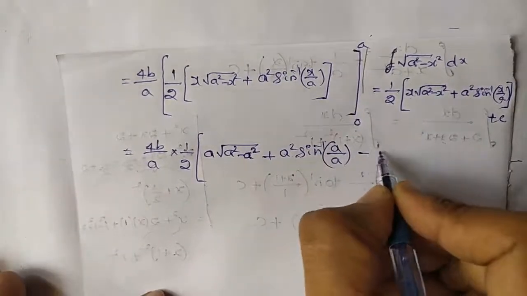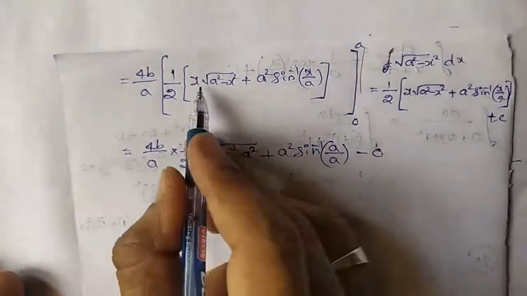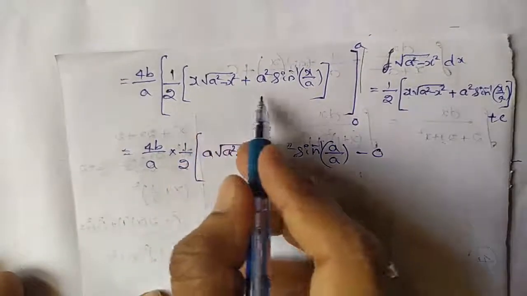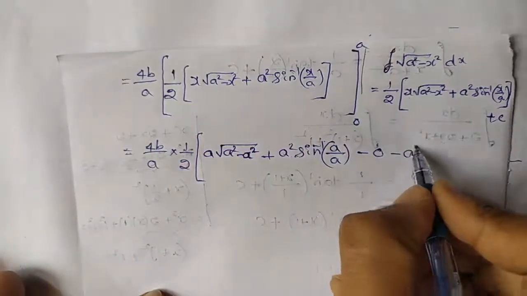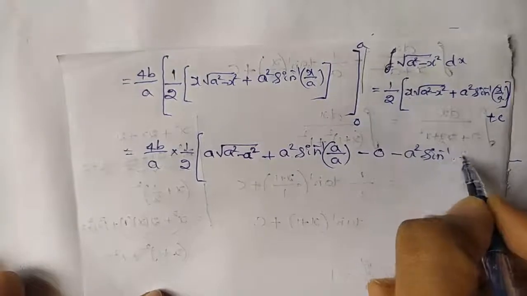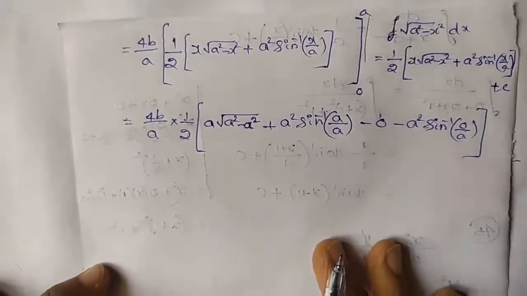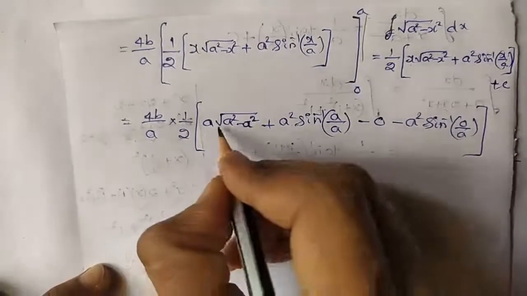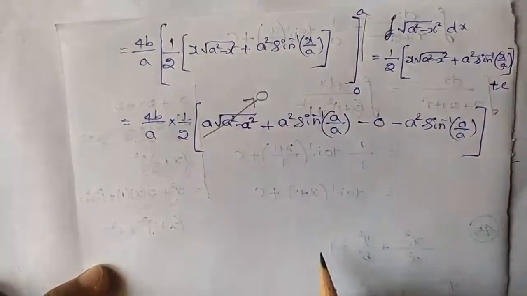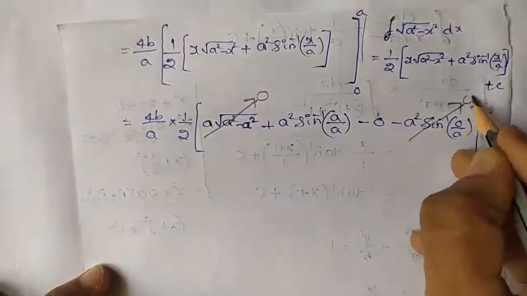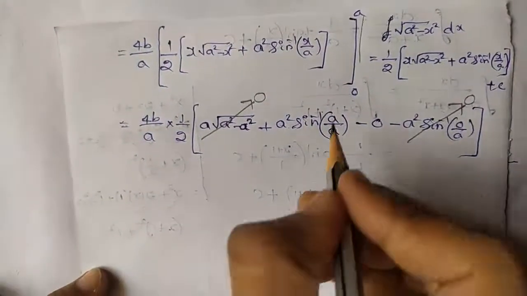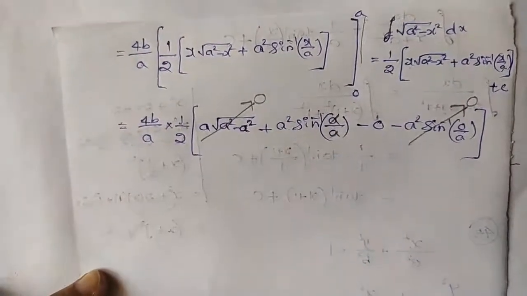Next minus 0 into square root of a square minus x square. Next minus a square into sine inverse of 0 by a. So a square minus a square, it is 0. Sine 0 is also 0. A and a will get cancelled.